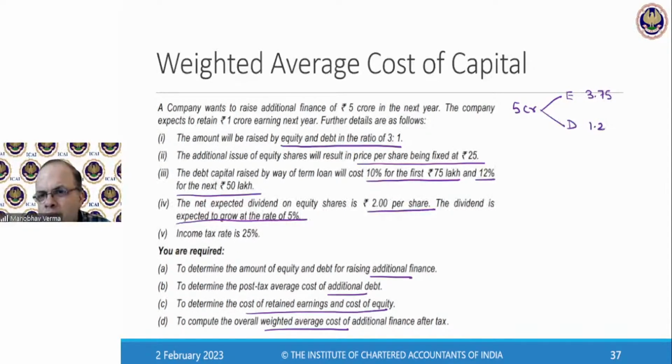Debt gives 1.25, but we already will have retained earnings of 1. That means new equity will be 2.75, guys. Can we say that new equity will be 2.75 and debt of 1.25? Everyone okay with that?